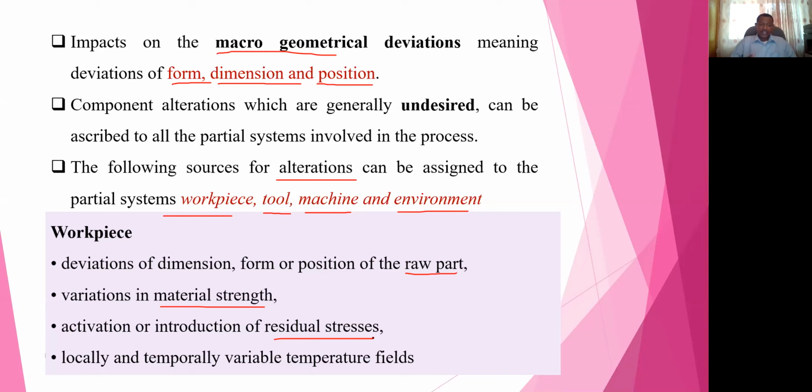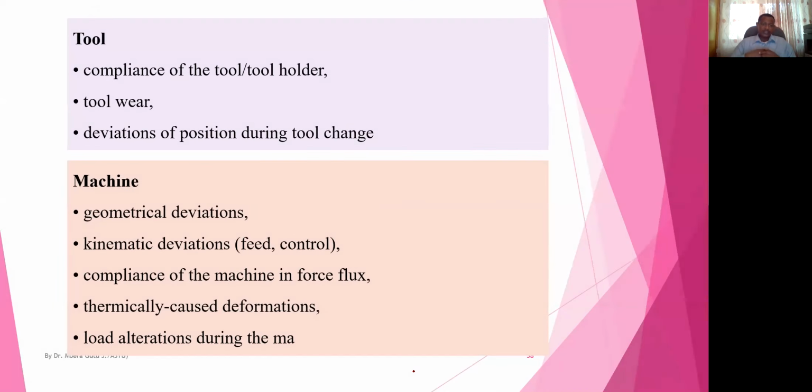The dimensional accuracy, the form accuracy of the machined surface. Locally and temporally variable temperature fields, where you are machining hard material, the temperature situation.